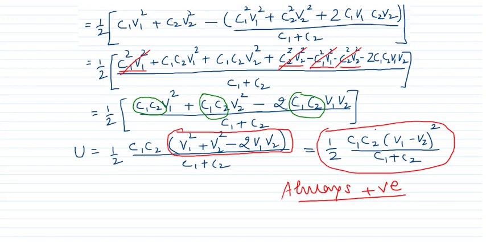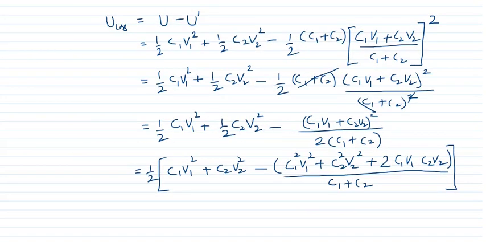Because 1 by 2 is a fixed value, C1 C2 are capacities, these are always positive, and C1 plus C2, this is a summation, it will always be positive, it cannot be negative. Now if you talk about V1 and V2, if V1 is greater than V2, then it will be positive, but if V2 is greater than V1, then it will be negative, but because of this square, that negative will again become positive. So therefore this answer will always be positive.